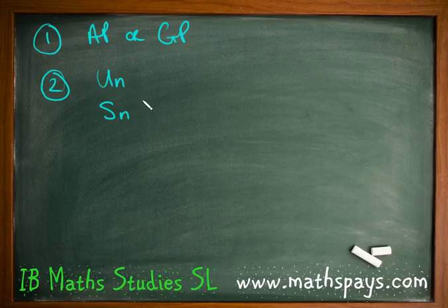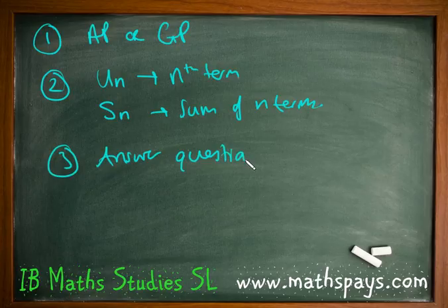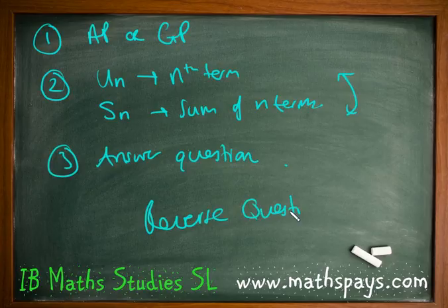You sometimes even might have a combination of both of those. That's the nth term, and that's the sum of n terms. And then, of course, you need to make sure that you answer the question. And I said sometimes it could be a combination of those two. I'm just going to say, remember about the reversal questions, because you're seeing a lot more of those.